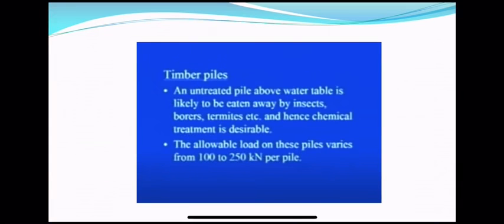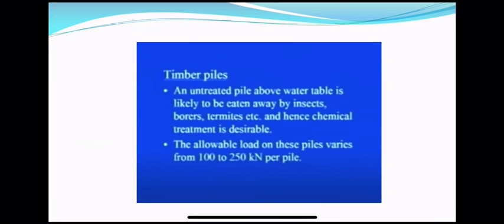In the case of timber piles, a timber pile is primarily a trunk of a tree with its branches chopped off. An iron shoe may be provided at the tip and an iron cap at the top to prevent damage during driving. It is made up of timber, and to avoid any damage to the pile, there is an iron cap at the top and bottom.